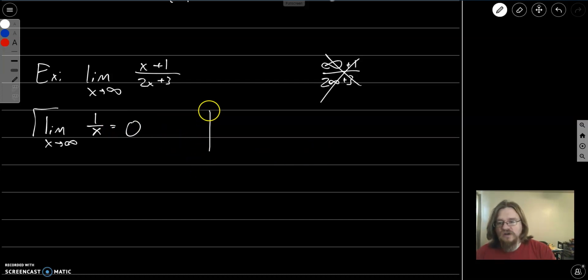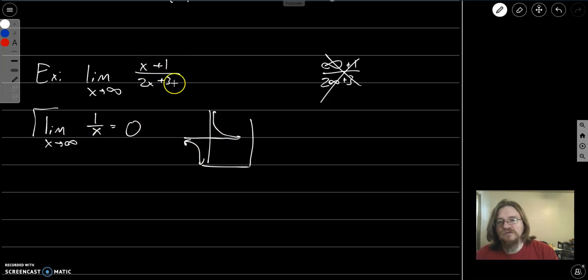And again, to draw a little graph, 1 over x looks like this. As x gets really, really big, and I'm dividing by a really big number, this is getting closer and closer to 0. 1 divided by 10, 1 divided by a million, 1 divided by a trillion. These are really, really small numbers in the sense that they're close to 0. So this limit is close to 0.